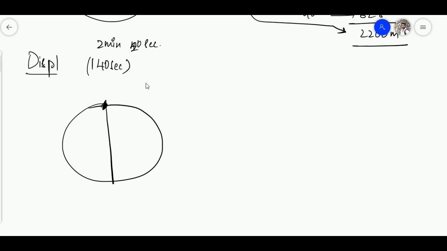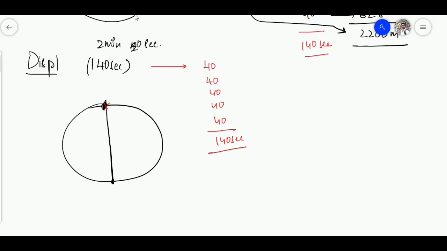This is the diameter. Let's break this into 40 seconds, I mean, how many 40s does it have? So totally 140 seconds. Here also it is 140 seconds.